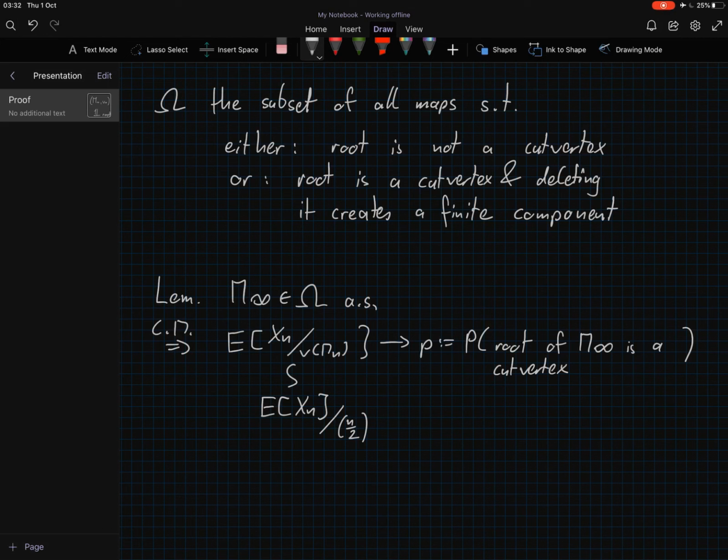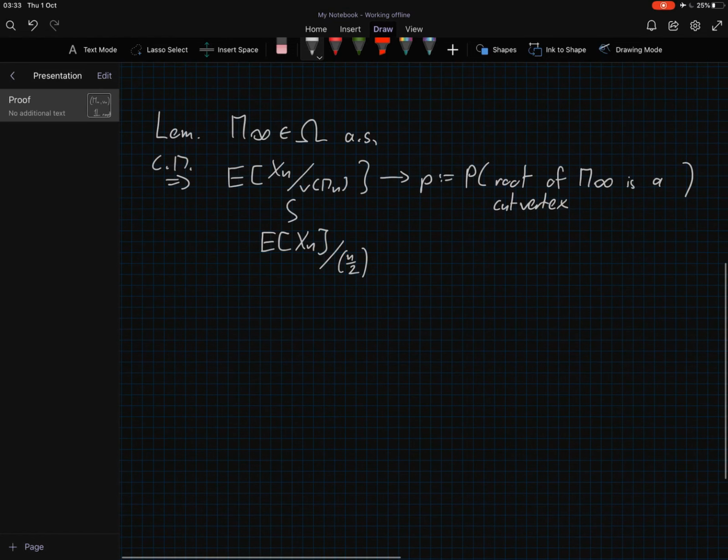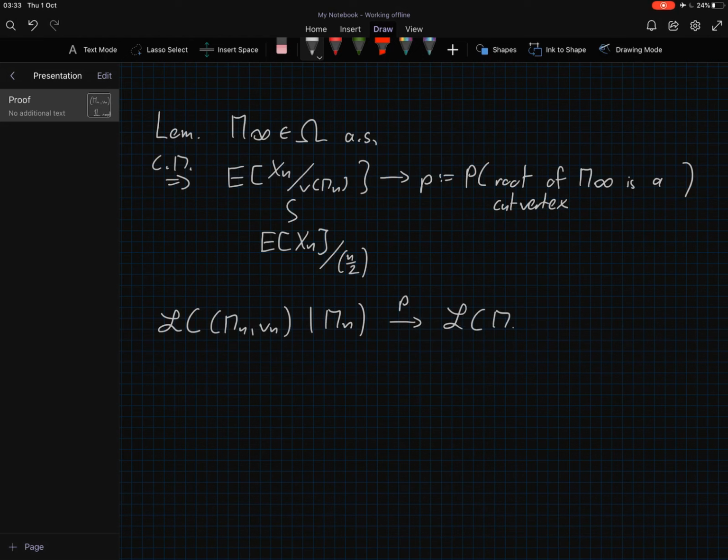Now we have an expression for the first moment. So why can we get a stronger law of large numbers? In fact, there's a stronger form of local convergence that is known. This so-called quenched local convergence is the conditional law of the rooted version given the map. That's a random probability measure. It converges in probability to the law of M infinity.